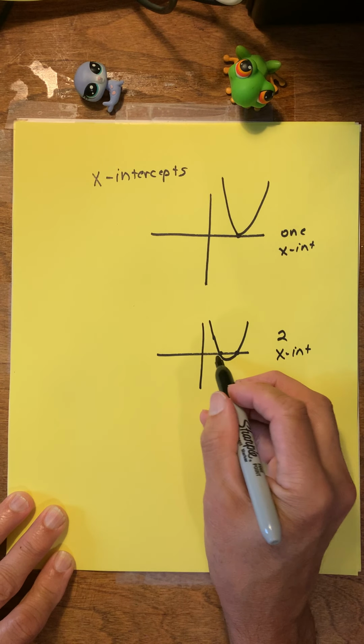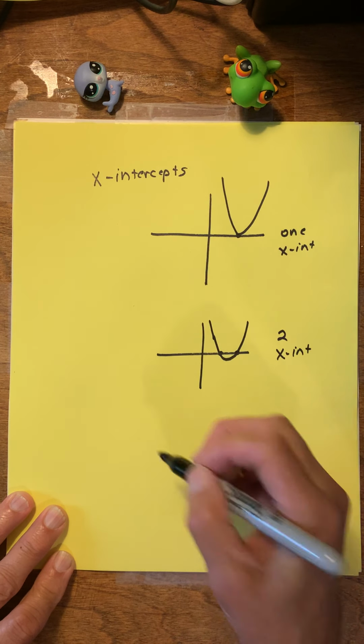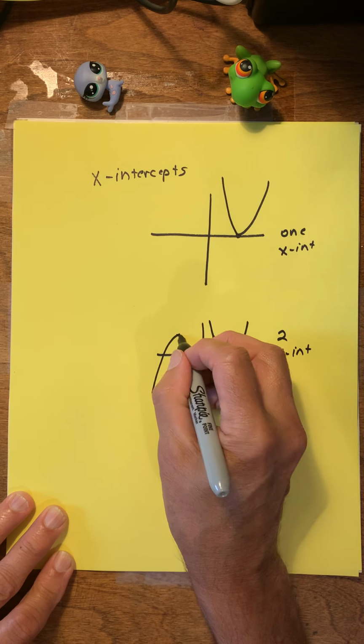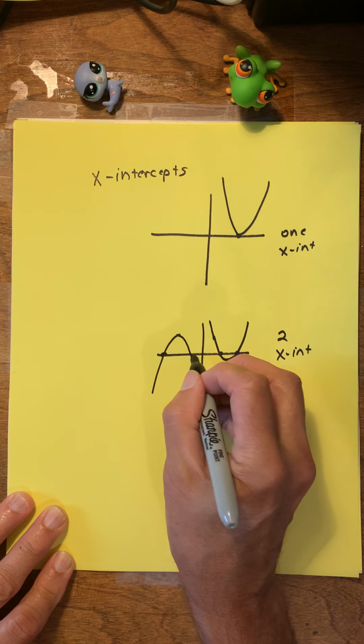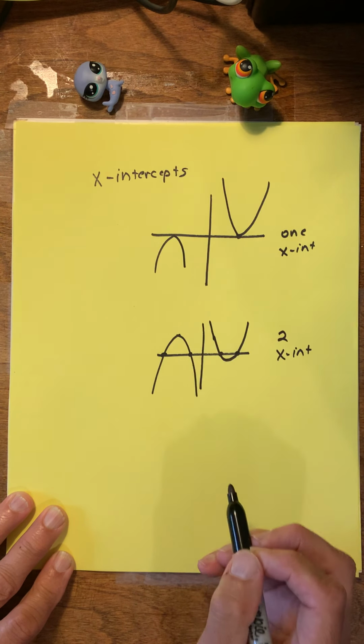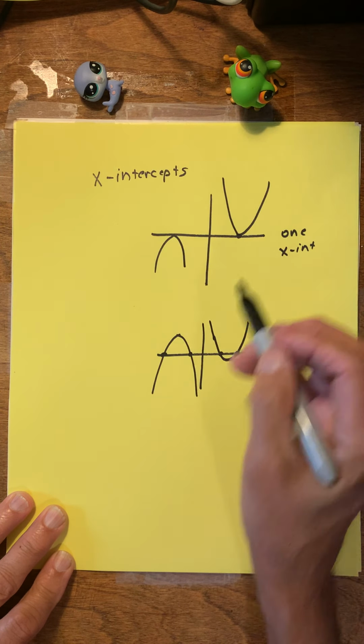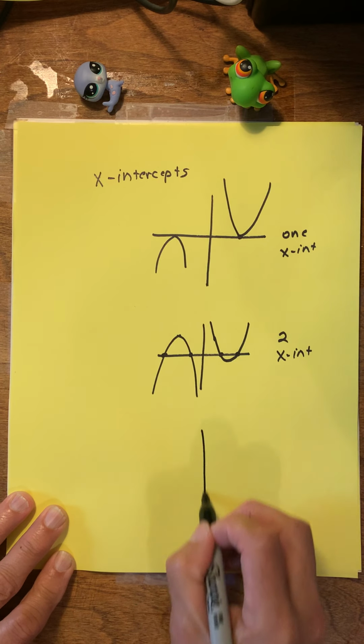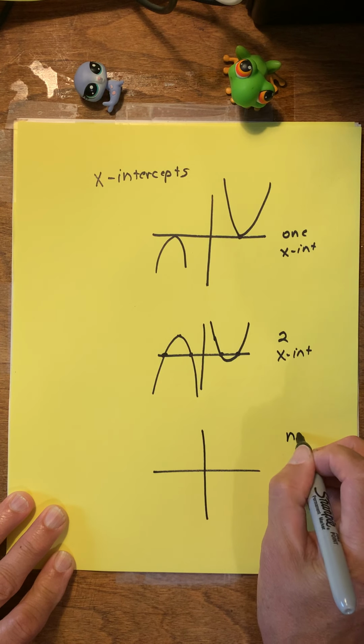It intersects the x-axis at two places. It could be downward turning as well and have two x-intercepts. It could be downward turning and have one x-intercept. These two have one x-intercept. These have two. I can also have no x-intercepts.